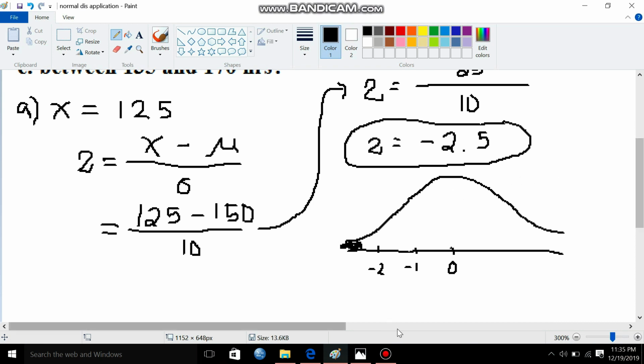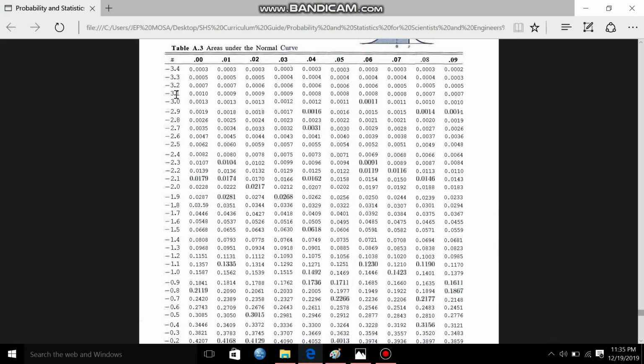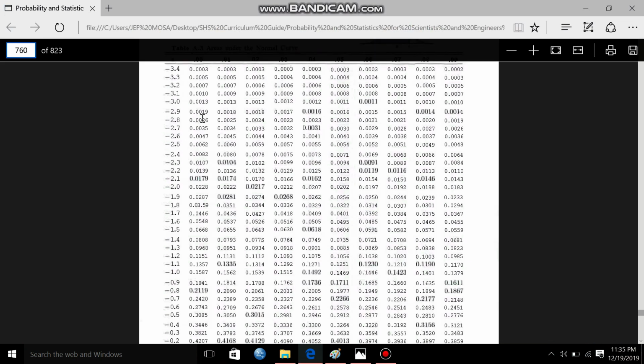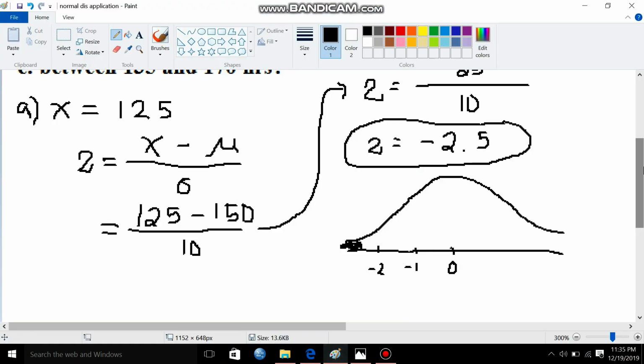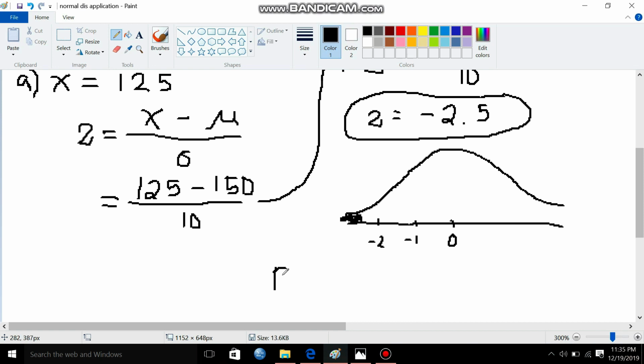Looking at the Z table for negative 2.5, this is the probability: 0.0062. So the probability of Z less than negative 2.5 is equal to 0.0062.